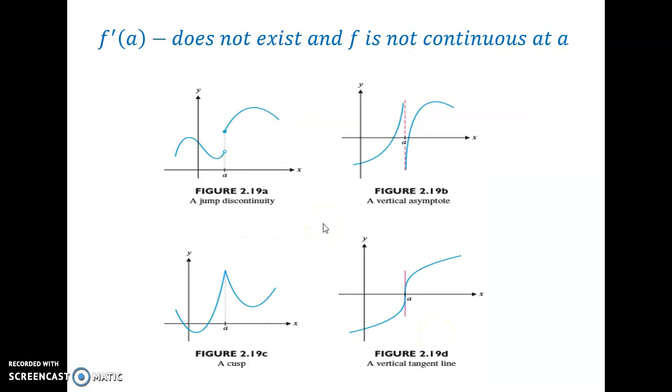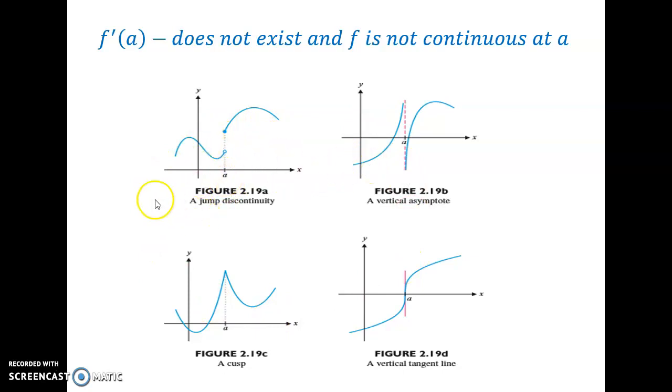So these are the examples. Look at it. If f prime a, that is the derivative at x equal to a, does not exist, it means f is not continuous at that particular point. As per the definition of continuity, the function is discontinuous at a, and there is no derivative, the derivative does not exist at x equal to a.